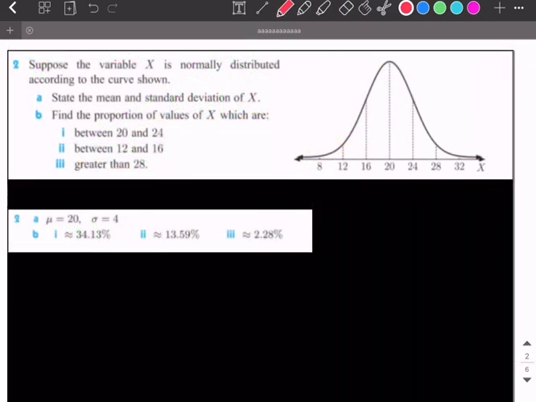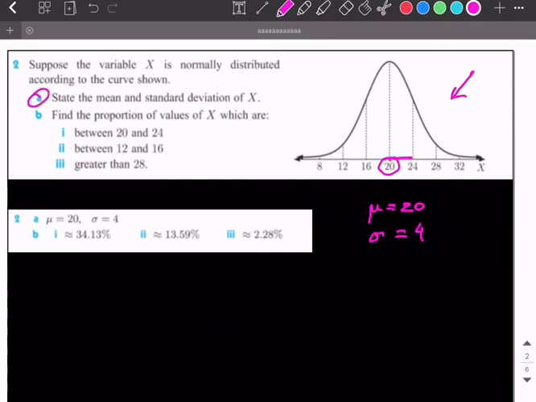All right, let's go to the second one. Suppose that the variable x is normally distributed according to the curve shown here. State the mean and the standard deviation. I see clearly that the mean is going to be 20. I also see that from 20 to 24 is one standard deviation, so one standard deviation is 4. So that's it.